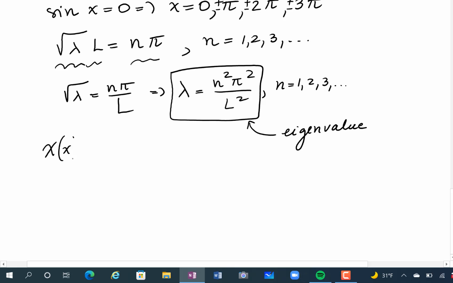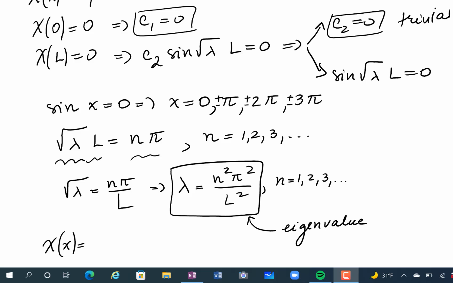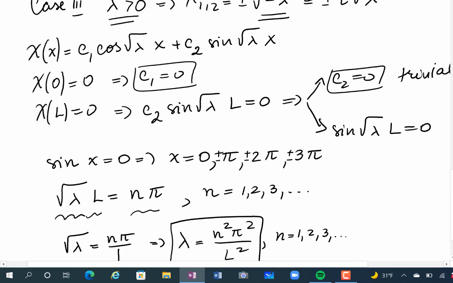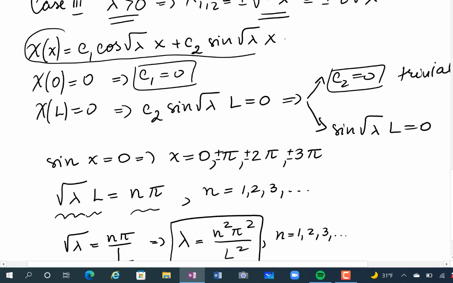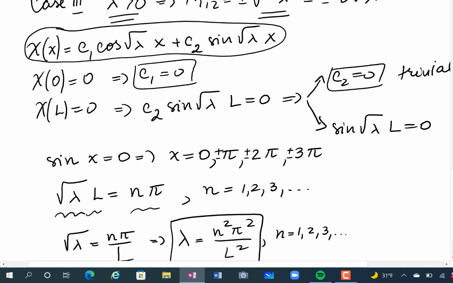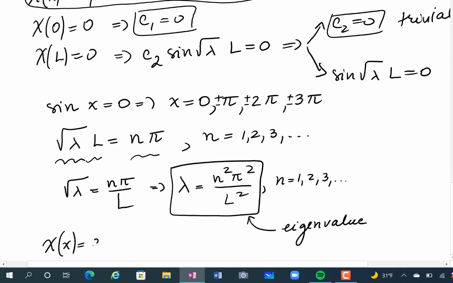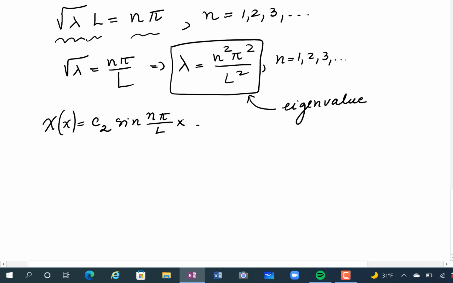So X of x is going to be equal to, taking a look at X of x from where we started, well, C1 was 0, so it's actually C2 sine of n pi over L x. Well, n equals 1, 2, 3, and so on.